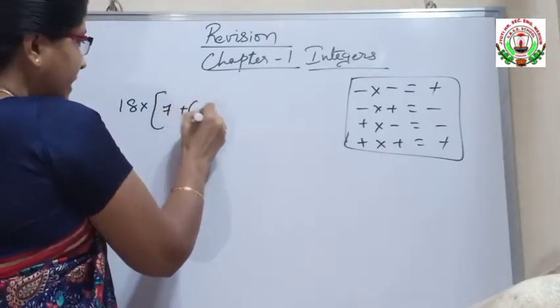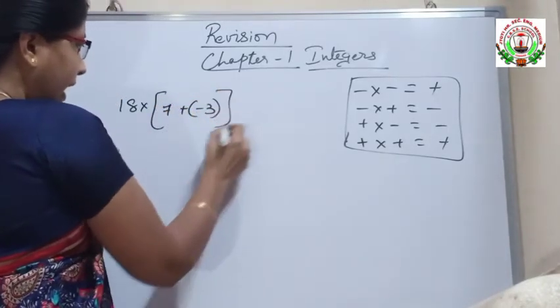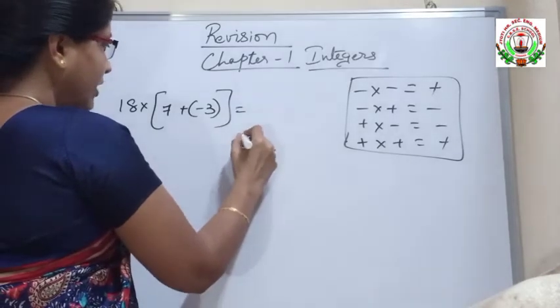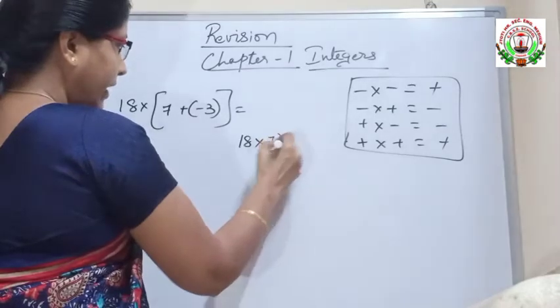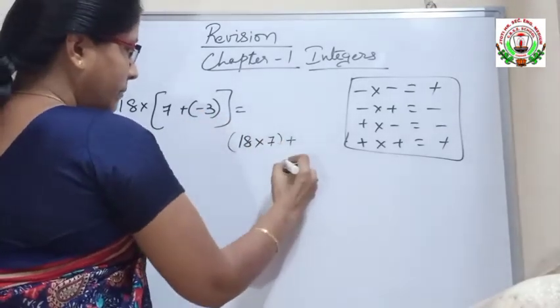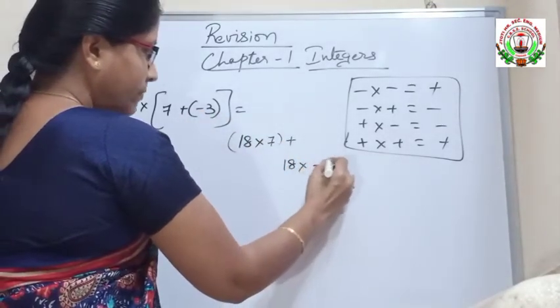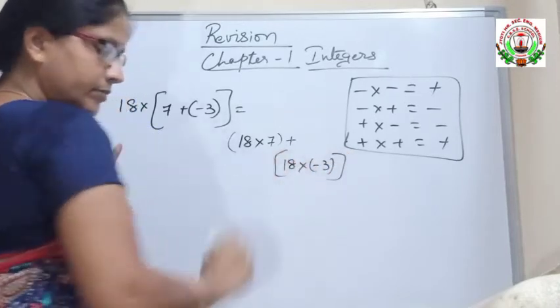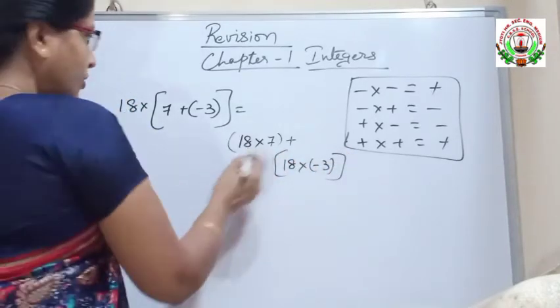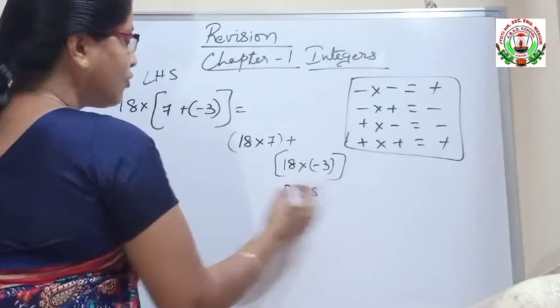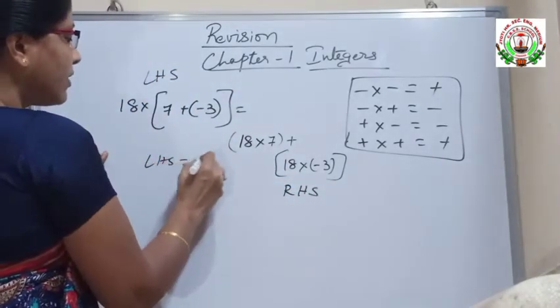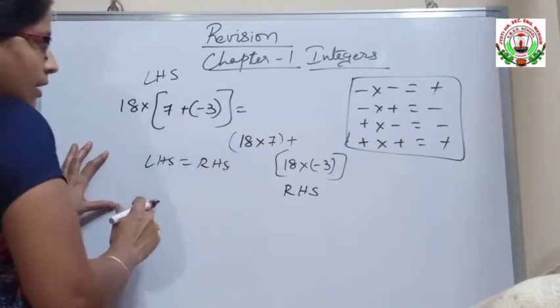Next, they have given 18 into (7 plus minus 3), and you have to show that this is equal to 18 into 7 plus 18 into minus 3, by the distributive property. This is your LHS, this is your RHS. We have to prove that LHS equals RHS.